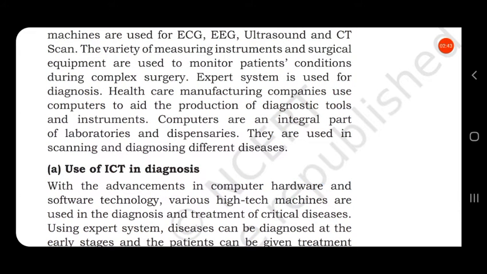The healthcare manufacturers are using computers to do their work easily. Computers are an integral part of laboratories and dispensaries. They are used in scanning and diagnosing different diseases.